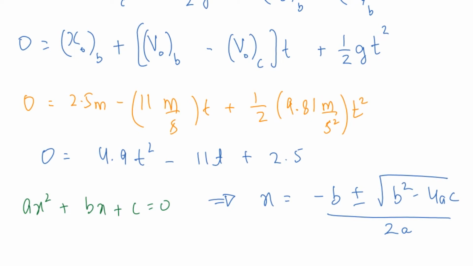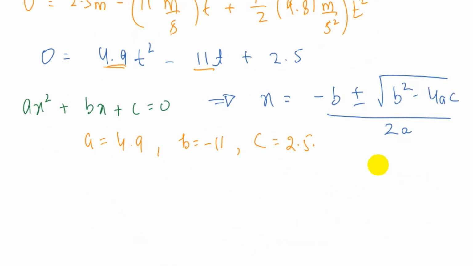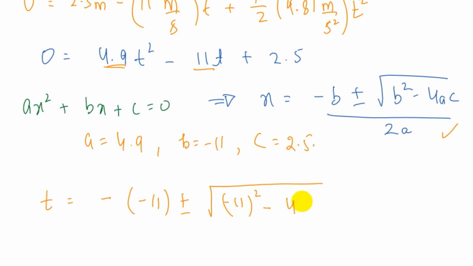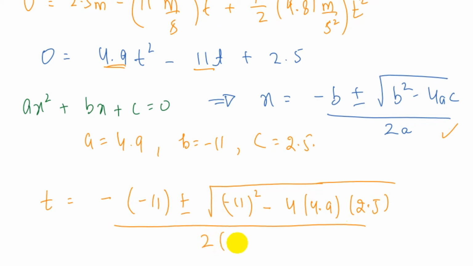This is the formula, and in our case the value of a is 4.9, the value of b is minus 11, and the value of c is 2.5. So we can put all these values here. t equals minus of minus 11 plus or minus the square root of minus 11 whole squared minus 4 times a, 4.9, multiplied with c, 2.5, divided by 2 times a, 4.9.